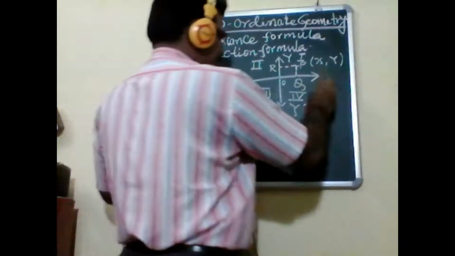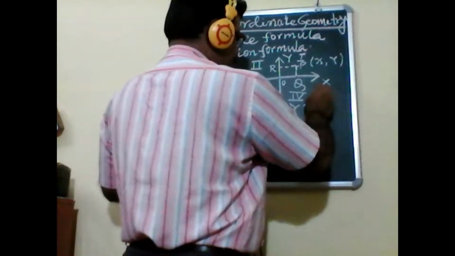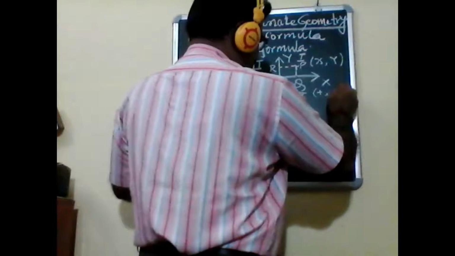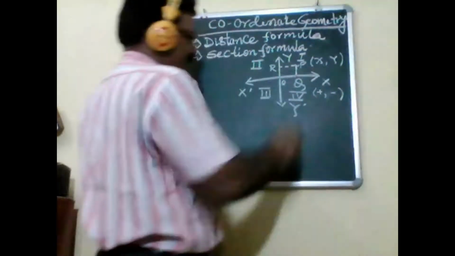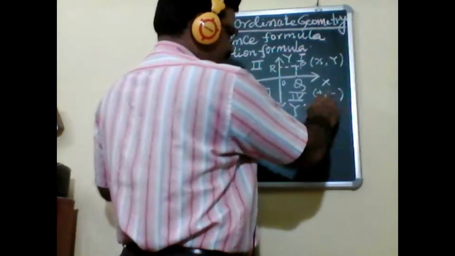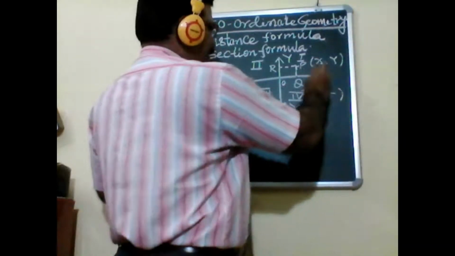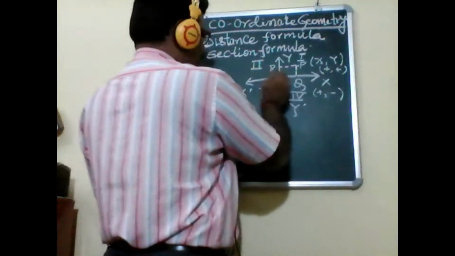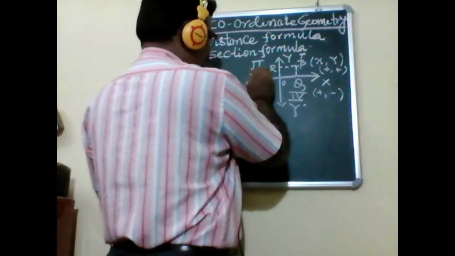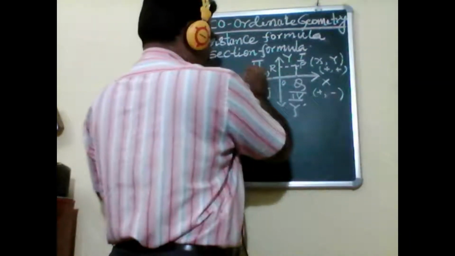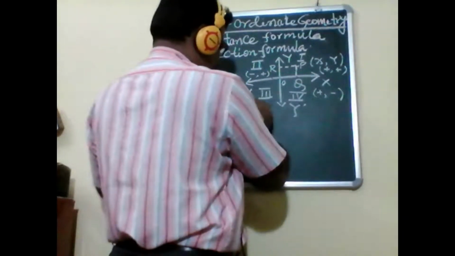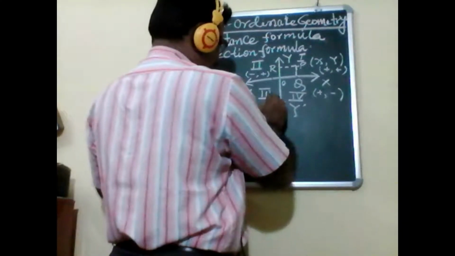On the x-axis, the distance is positive, and if we consider the 4th quadrant, it should be negative. So the coordinates will be positive or negative in sign. In the 1st quadrant, both will be positive. In the 3rd quadrant, x is negative and y is positive. In the 4th quadrant, x is positive and y is negative.